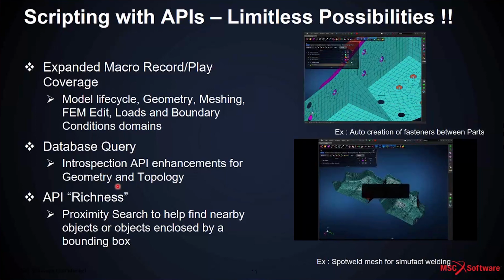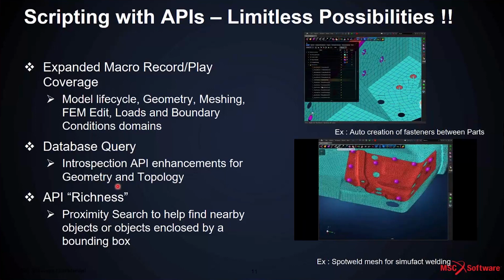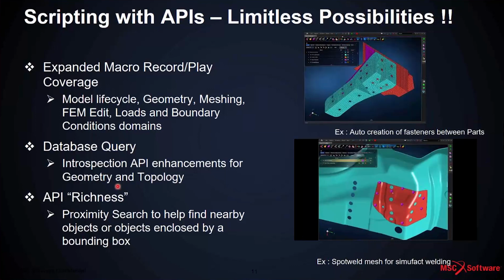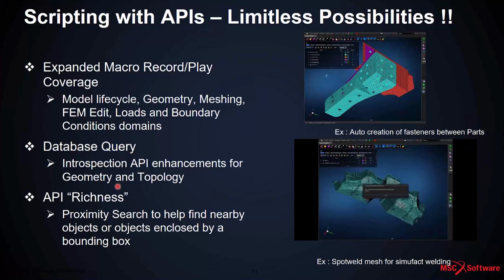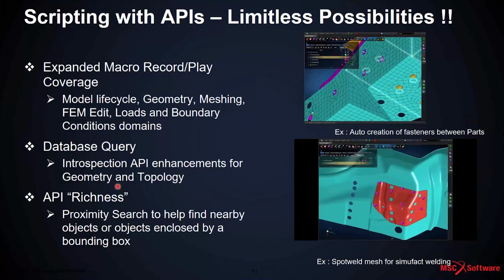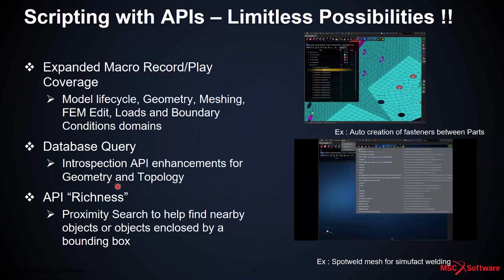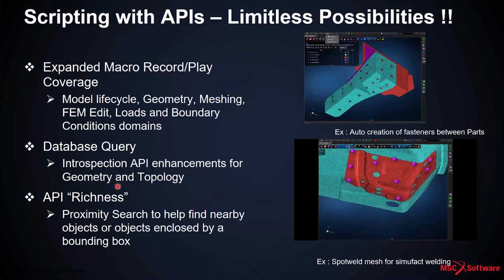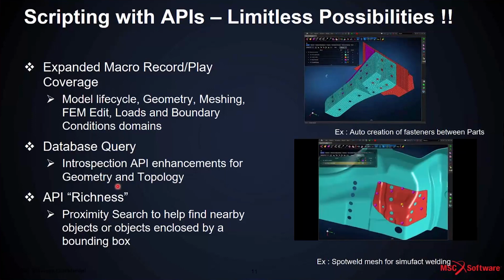We have expanded the macro record capabilities of scripting to the geometry, mesh, material, loads, and boundary condition domains of the product. Now you can also query, meaning you can introspect the geometry and the topology with the API enhancements. There is a lot of richness to the APIs that is exposed in Hawk.